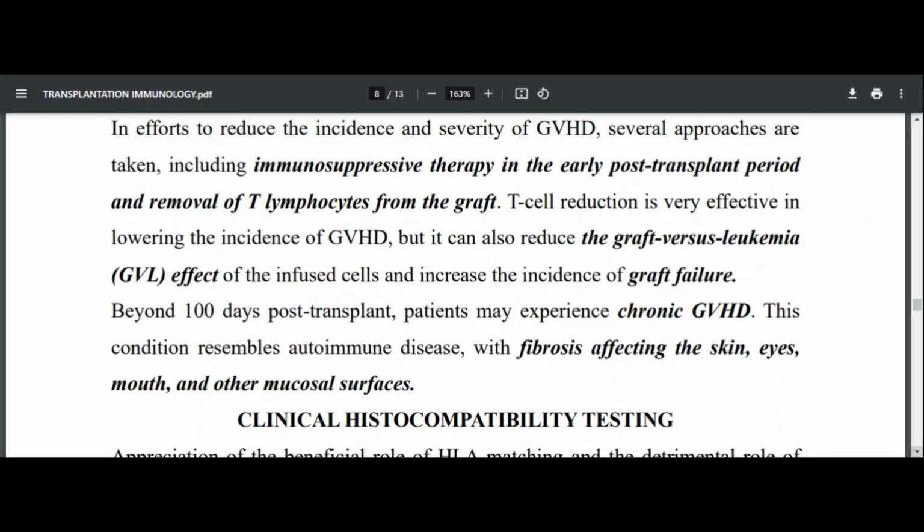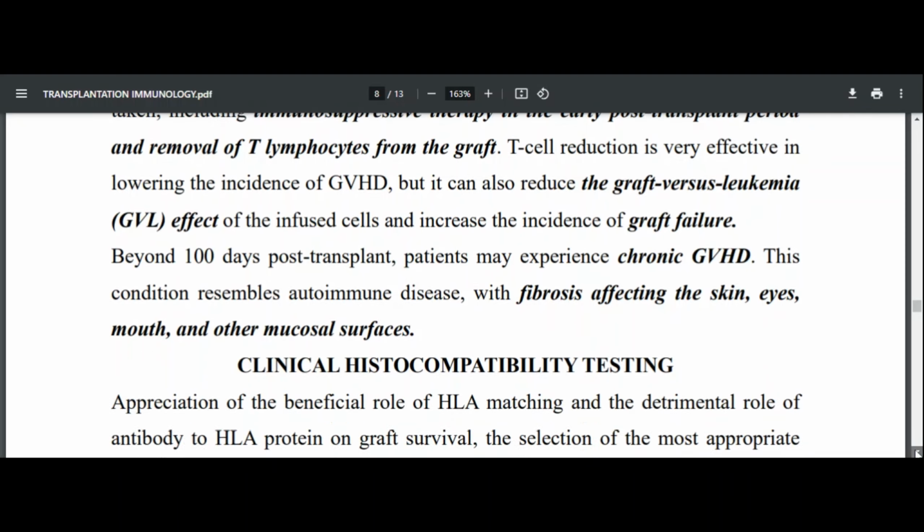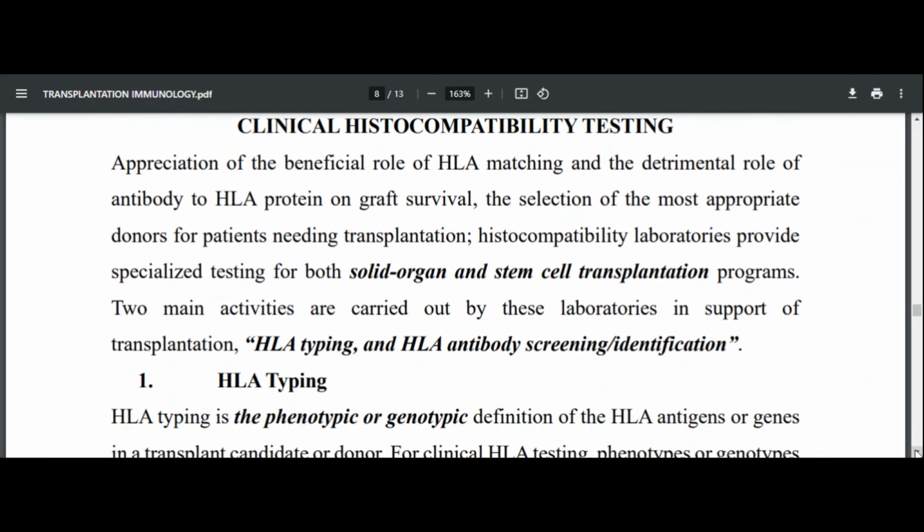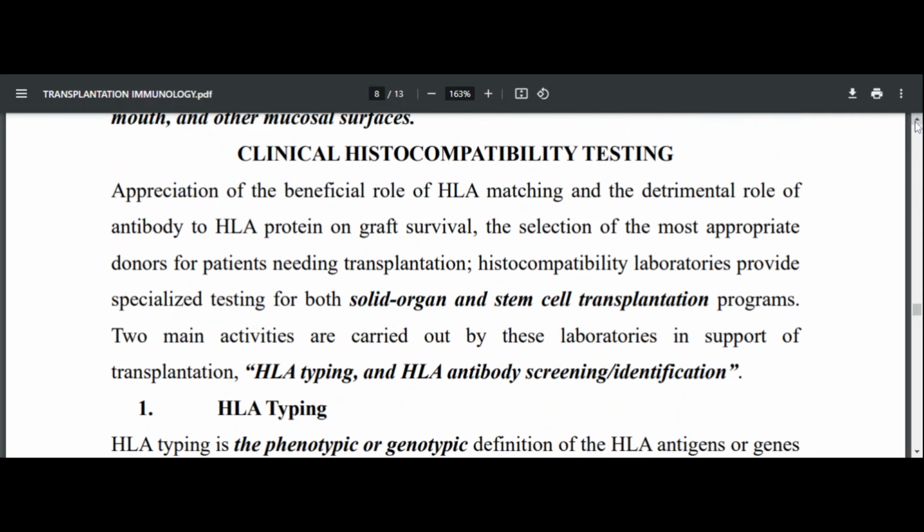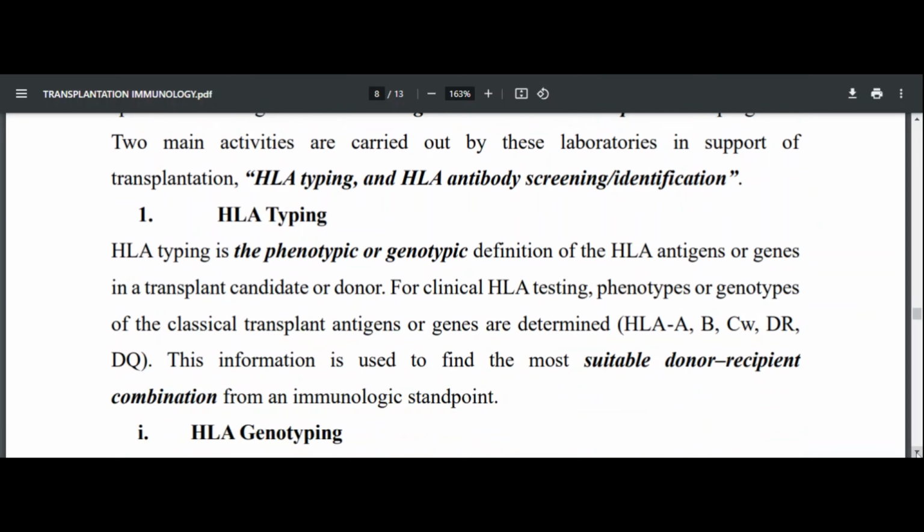Now, finally, let's talk a little bit about clinical histocompatibility testing. I forgot, this one was discussed yesterday. I forgot to remove it from here because I was planning to remove clinical histocompatibility testing from this topic, transplantation immunology, because in fact we have it also in HLA testing.